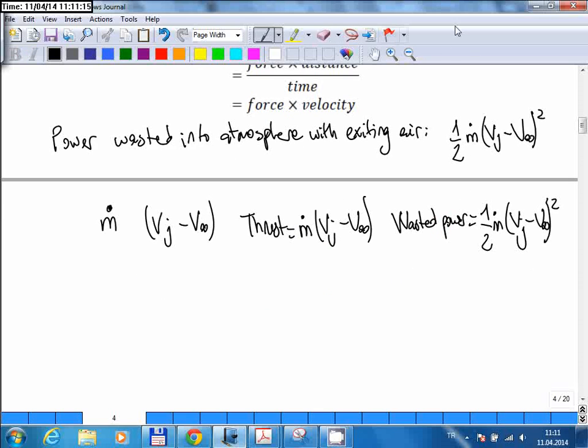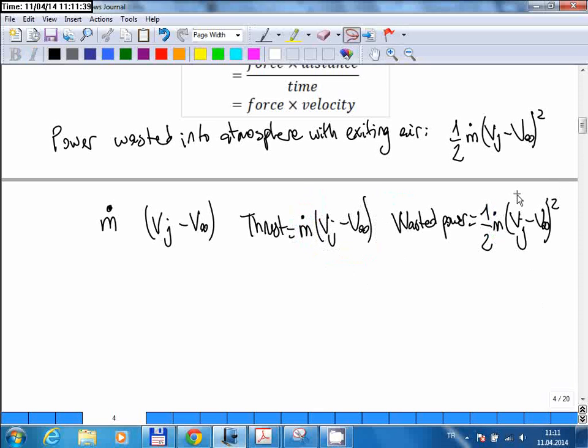Okay, so you see a conflict here, right? If you want more thrust force, you want more airflow. But if you look at how much power you waste, as you increase airflow, you increase the amount of power you waste as well. Similarly, if you want more thrust force, you can increase the exit speed of the air.